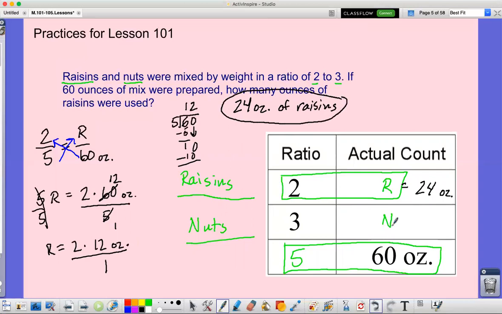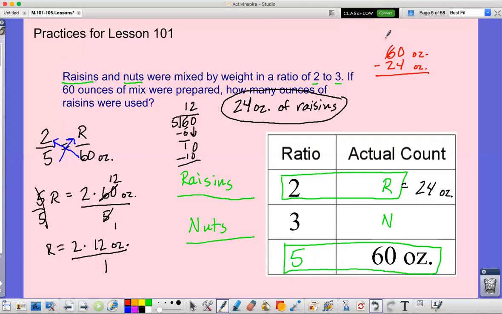If it went further and said how many ounces of nuts are there, I can do that. I just need to take 60 ounces and I have to subtract 24 ounces. Once I complete that, then I know how many of the remaining, the other things are.